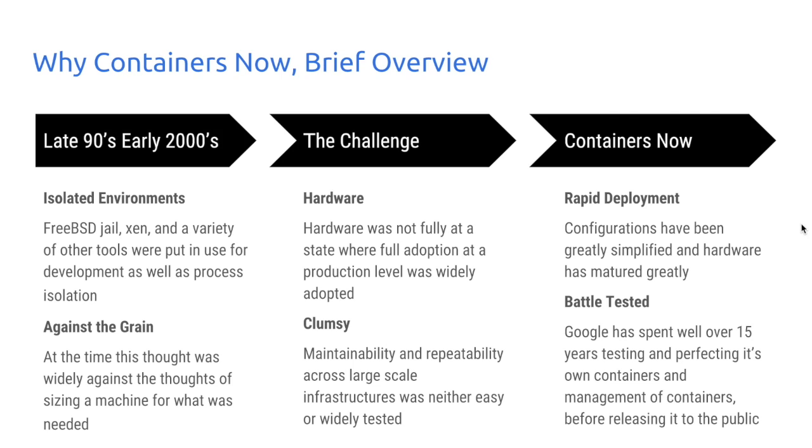So the hardware had matured greatly, and at this point had also been battle tested, because Google had gone to the mat for everybody and spent well over 15 years testing and trying to perfect their own with the Borg and Kubernetes projects. So this is how we ended up with what we have today.